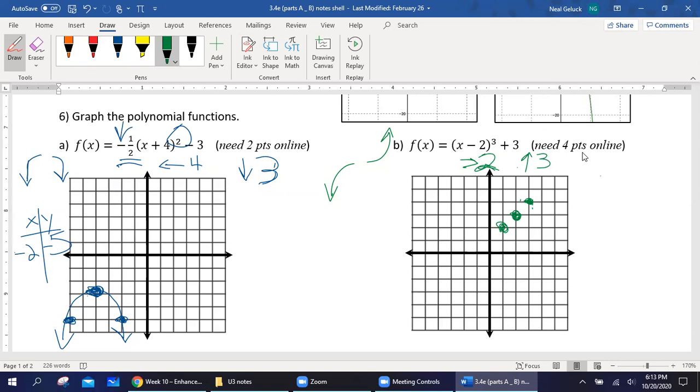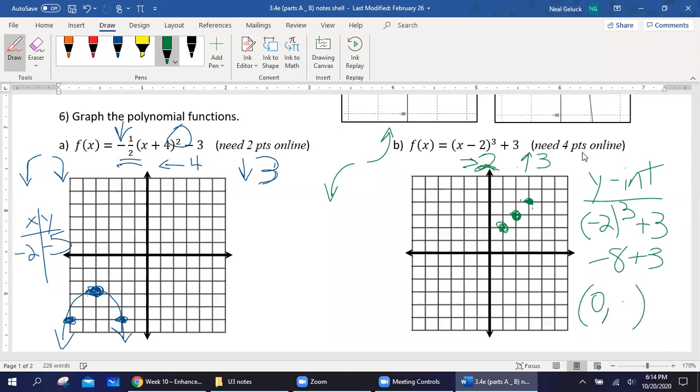So I would get the y-intercept by plugging in 0 for x. That's going to give me -2 cubed plus 3. So that's -8 plus 3. So your y-intercept is (0, -5). So that would be a good 4th point on that.